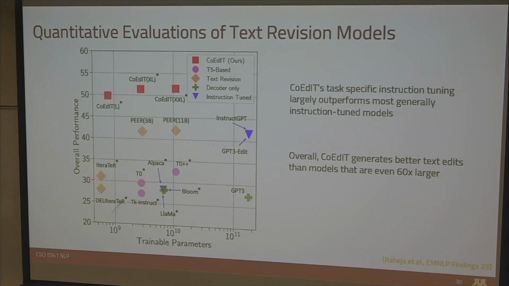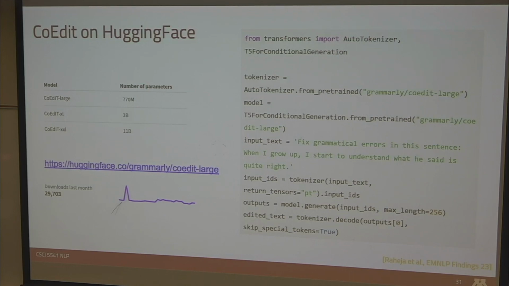They're just trained on these data sets in a sequence-to-sequence manner. But when they are instruction-tuned, they achieve much better performance, especially with a much smaller number of parameters as well, right? So that's good news. And if you want to try out this model, they're available on Hugging Face, so you can just load them and test them like this.